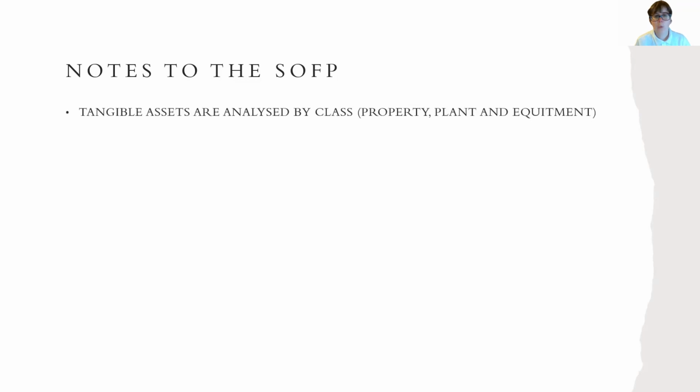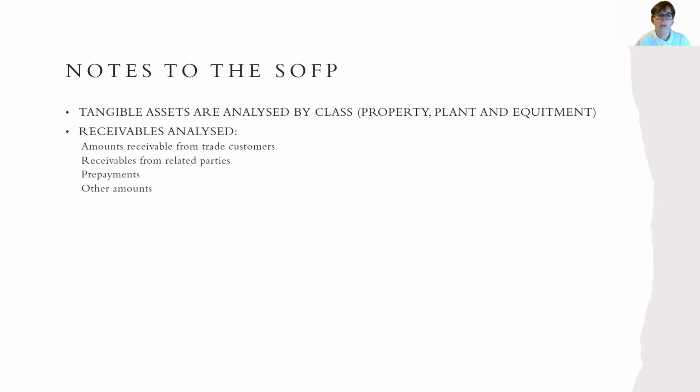So there will be notes drawn up to the statement of financial position, and these should be presented at the end of the financial period. So all tangible assets will be analysed and they will be divided into class: property, plant and equipment. Receivables will be analysed, and this will be separated into amounts receivable from trade customers, receivables from related parties, prepayments and any other amounts.